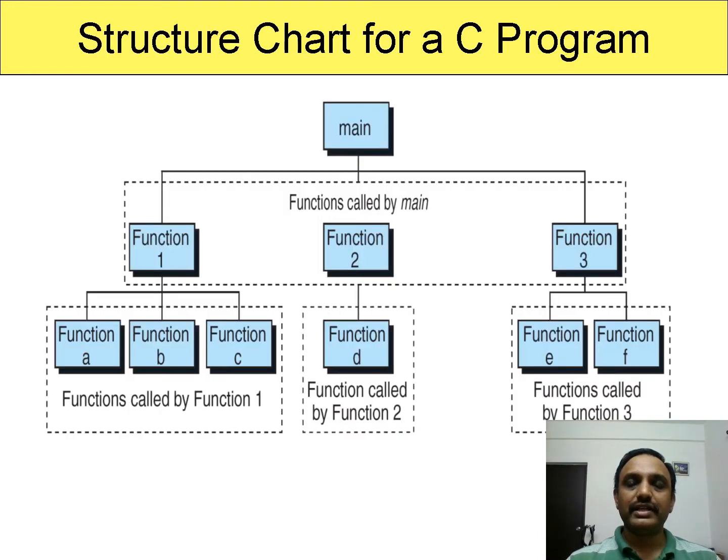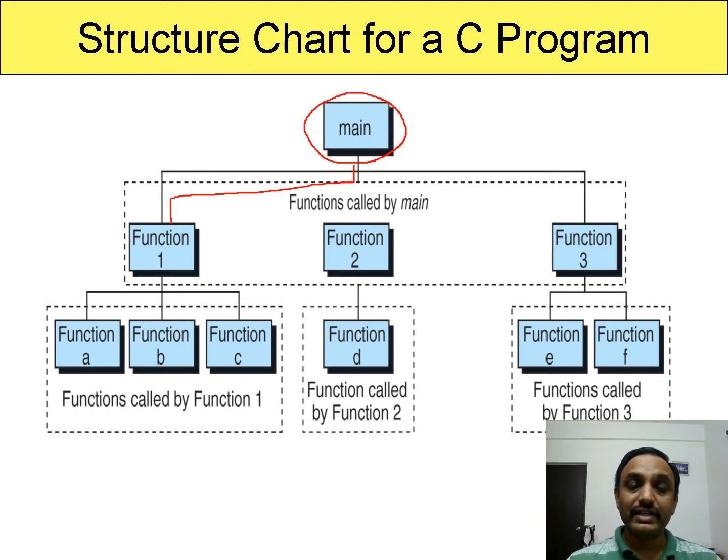Now see the structure chart for a C program. Here we follow the top-down design approach. First we concentrate on main. These sub-functions are called from main: function 1, function 2 and function 3.